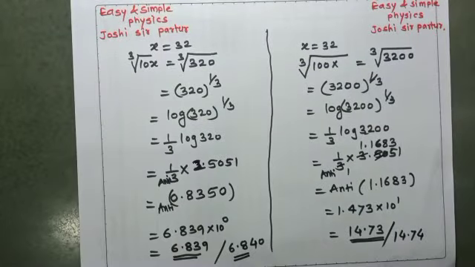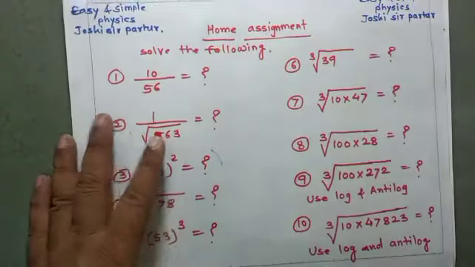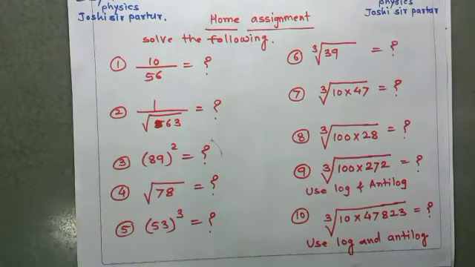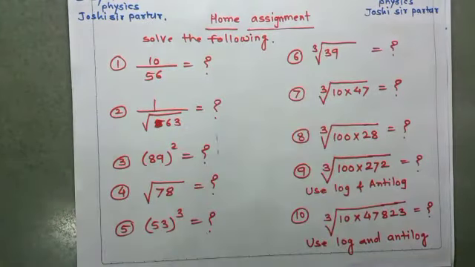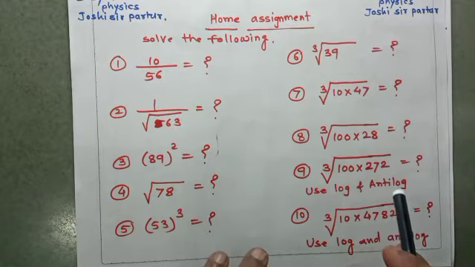Okay. So an assignment is given to you for finding powers and factorials. 10 examples are given: 1 upon square root of 63, 89 square, square root of 78, cube of 53, cube root of 39, cube root of 10 into 47, cube root of 100 into 28, cube root of 100 into 272.